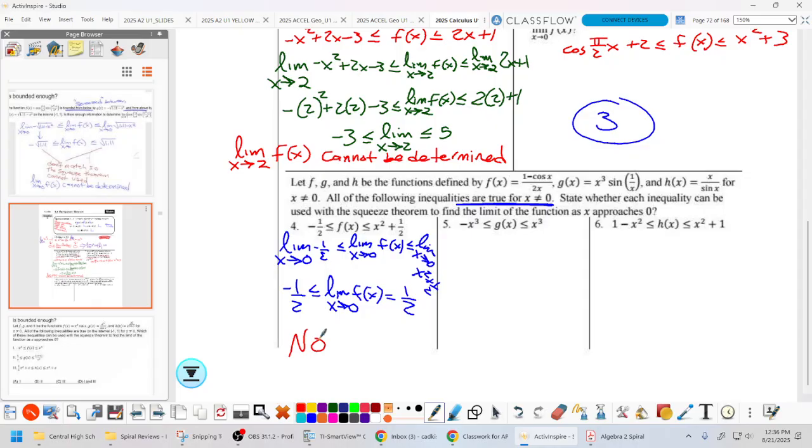Where we say no, etc. The squeeze theorem cannot be used because the limit of both the bounding functions is not the same. Maybe I'll write that out just in case when you're looking back here in February. Everybody good if we abbreviate ST for squeeze theorem?